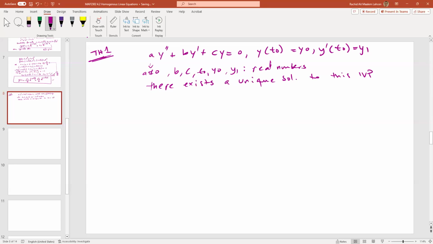And that's nice to know because we're looking for the existence and the uniqueness of the solution for this homogeneous case. So it's good to know that there exists a unique solution, and not only does it exist, it is valid for all t belonging to negative infinity to positive infinity.